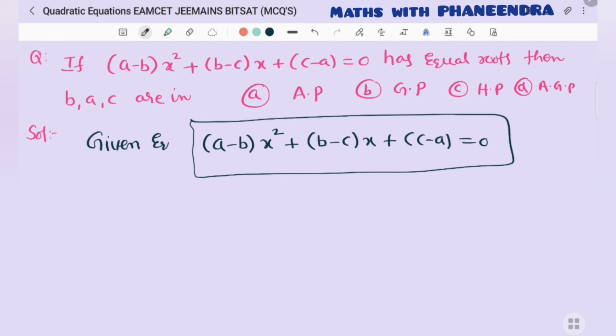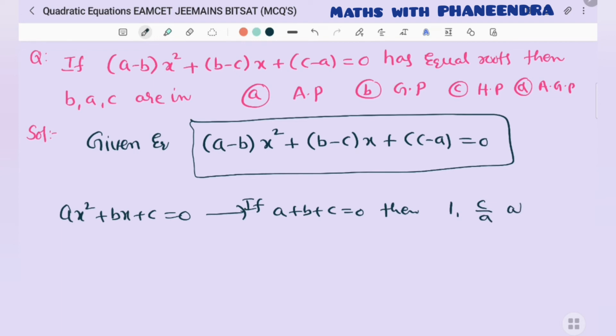In the earlier classes, I discussed that in the quadratic equation ax square plus bx plus c equal to 0, if the sum of the coefficients of x square, x and the constant, a plus b plus c, is equal to 0, then 1 comma c by a are the roots of the equation.